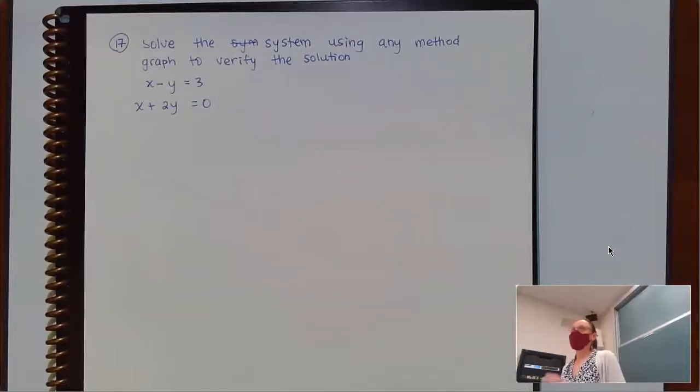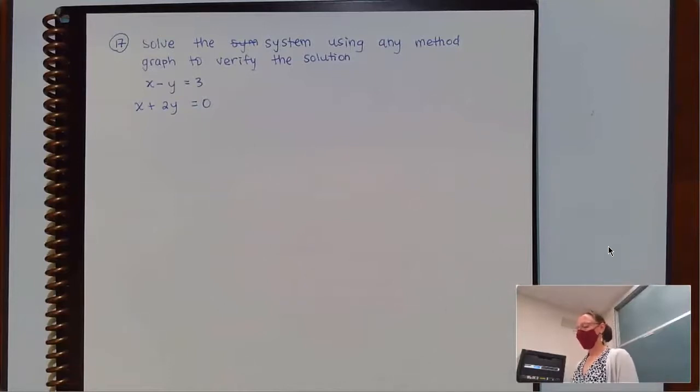Graphing them is generally not the best choice unless you have some sort of graphing tool that you're using. If we're going to work through the algebra, we've got elimination or substitution as options. I would probably go with elimination on this, but substitution is also fine.